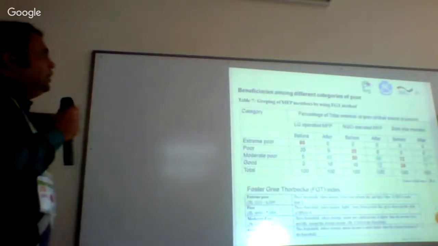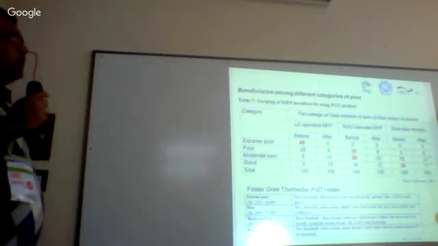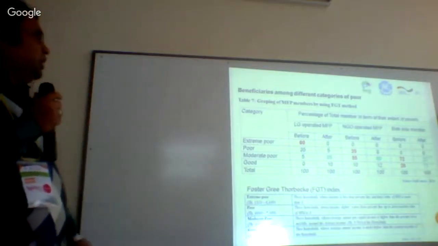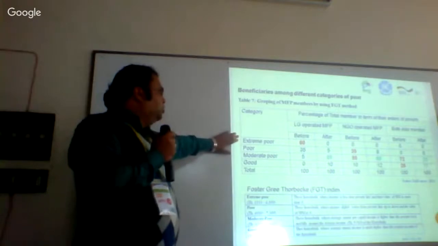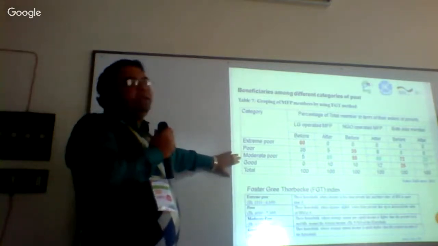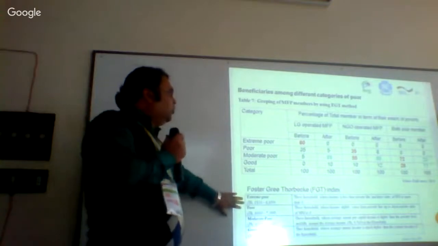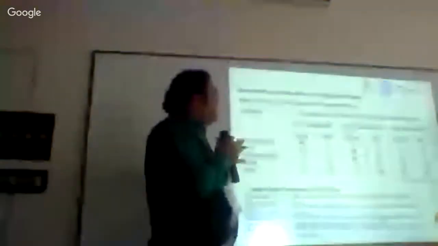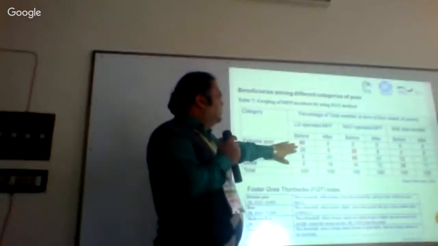Okay. Then we have grouped the members using the FGT method. Through the FGT method we have categorized extreme poor, moderate poor, and good. At the initial level on this scale, we found that 60% of the members of the NGO operated program were extreme poor.